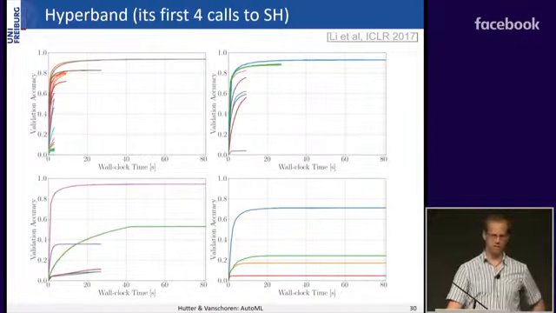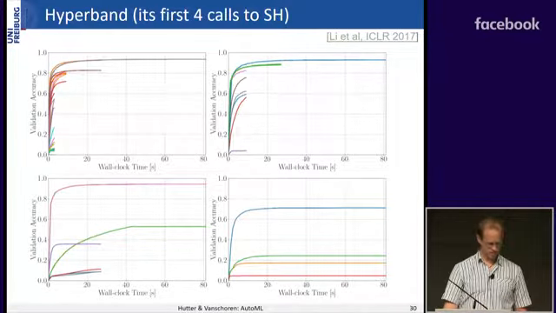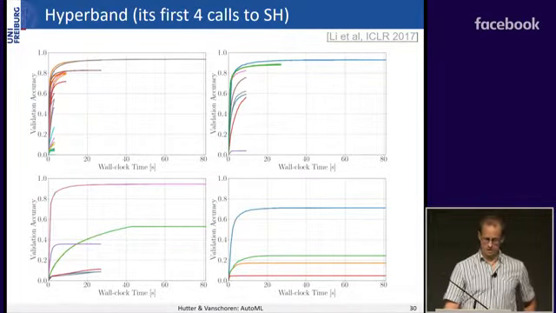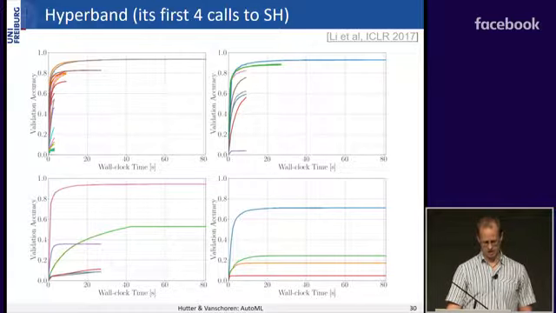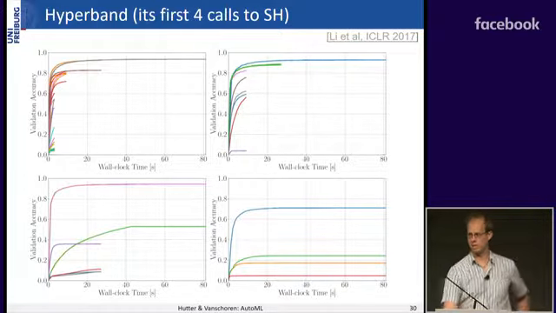So where were we? We're talking about hyperband. So hyperband first calls successive halving on this most aggressive bracket, then calls it again, starting from this less aggressive setting, then calls it again, starting only from here, and then calls it again, only using the full black box.